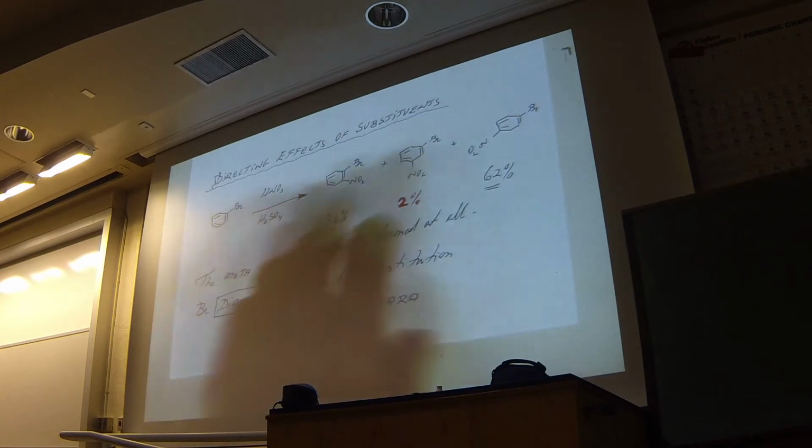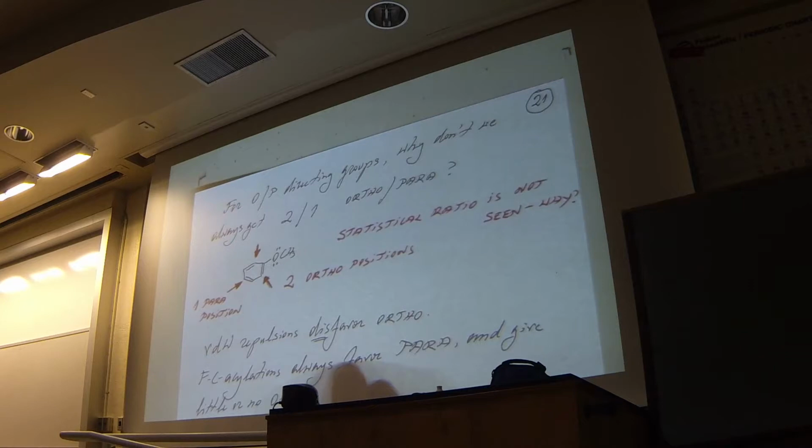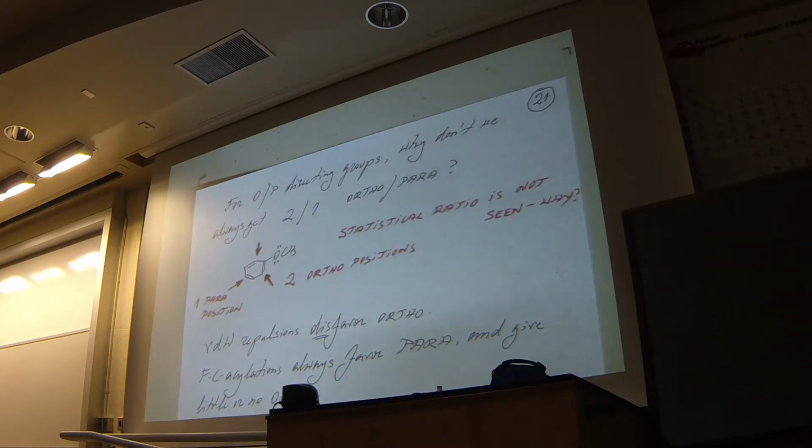Why might that be? You see that a fair amount. So for ortho para directing groups, why don't you always get a 2-to-1 ratio of ortho to para? You don't. The 2 protons ortho, 1 para, statistical ratio is usually not seen.